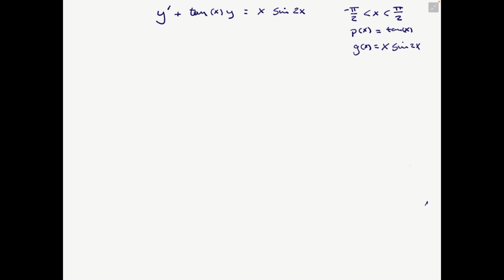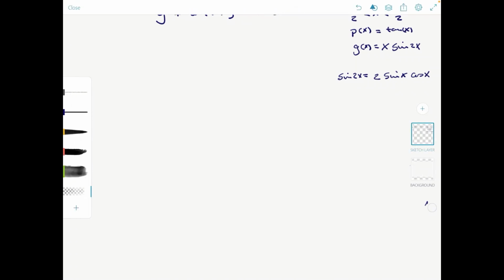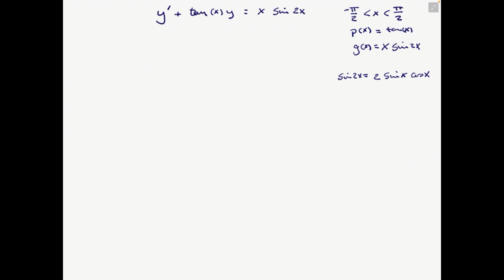But sine of 2x equals 2 sine x cos x, so that's something that may come into play.